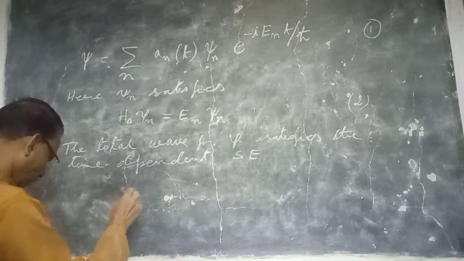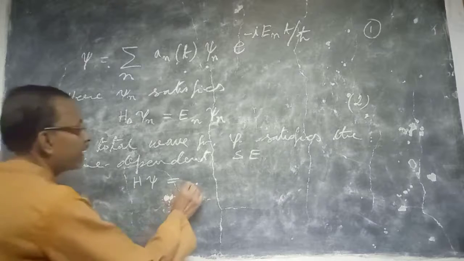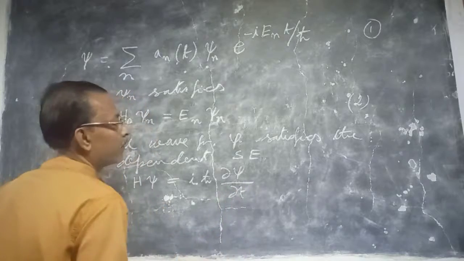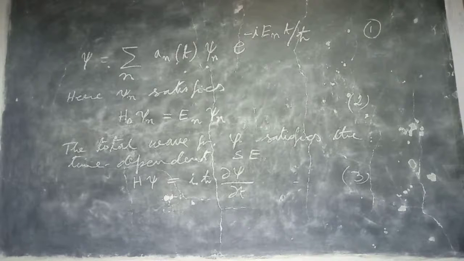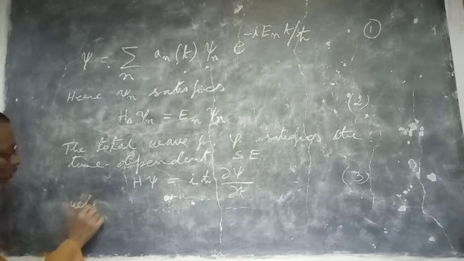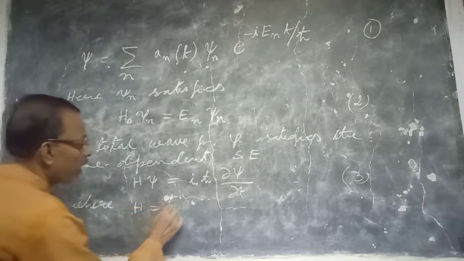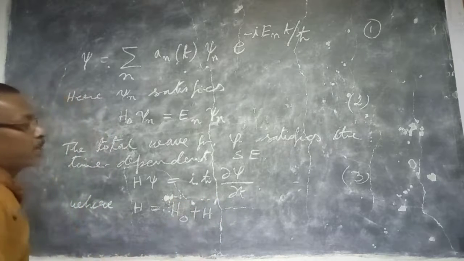So you get H psi equal to i h cross del psi by del t, where this H is not H0. H is the total Hamiltonian, that is H0 plus H prime, where H prime is the perturbation.